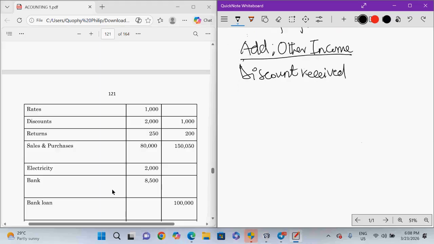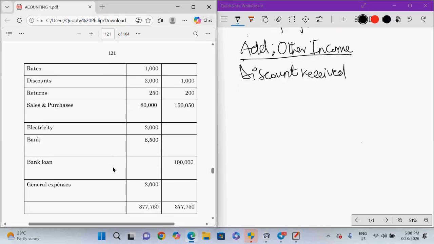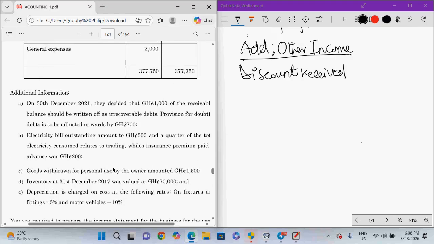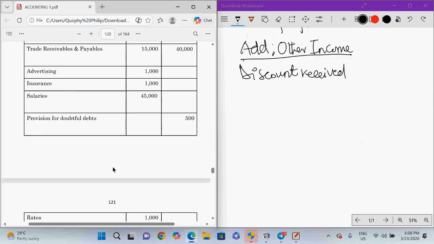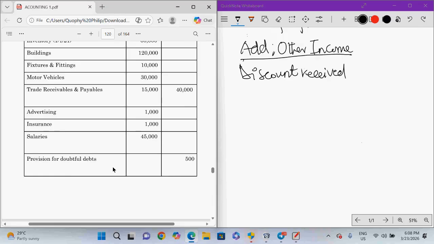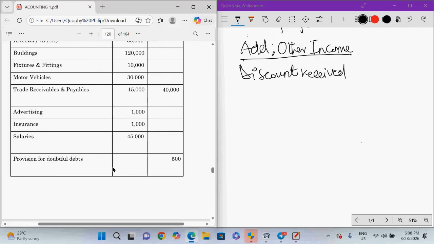All right. So is that the only discount? Is that the only income in it? Let's continue. So add it.